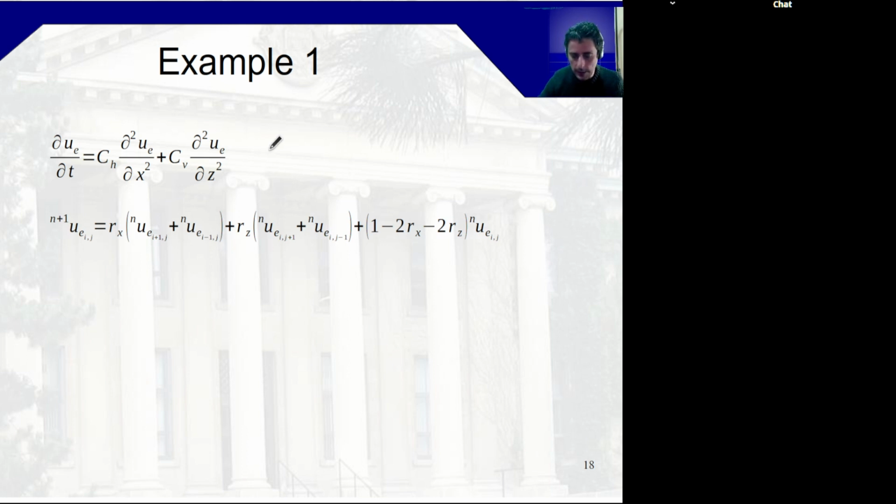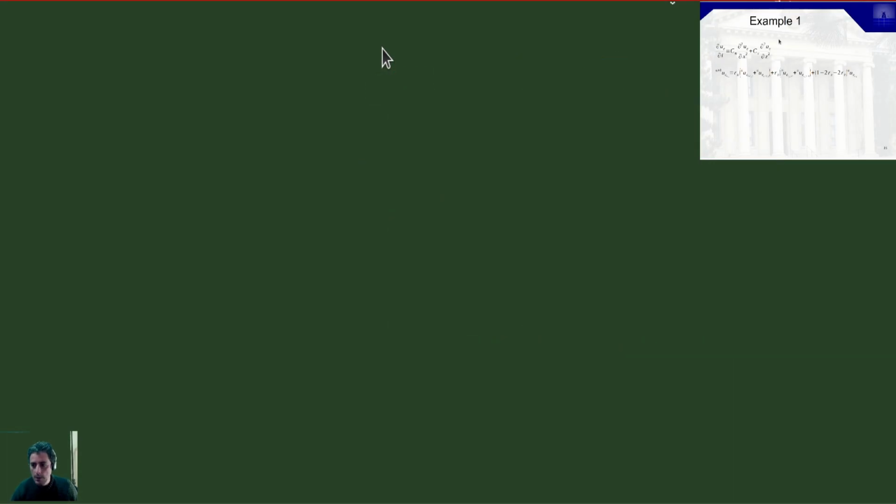So if I do the calculation now, assuming our values, what did we say? We said that CV was equal to 1.10 meters squared per year.